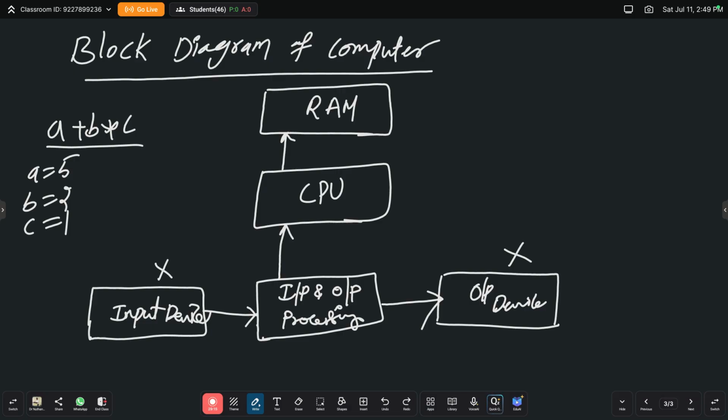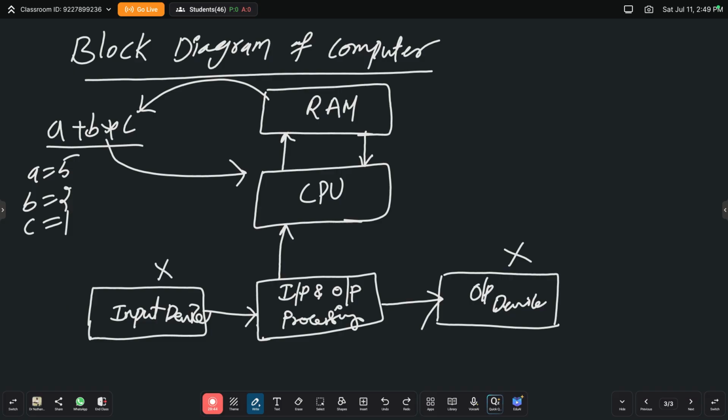So input gives a process request to the CPU, which performs the operation with the help of memory. Got it? Once it performs, the CPU evaluates. Clear? Read the A value, then plus read the B value.